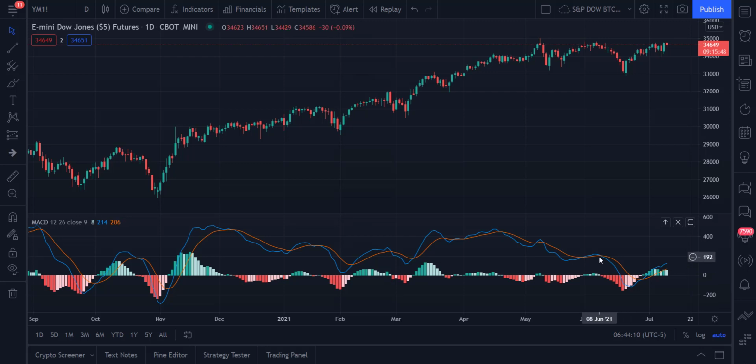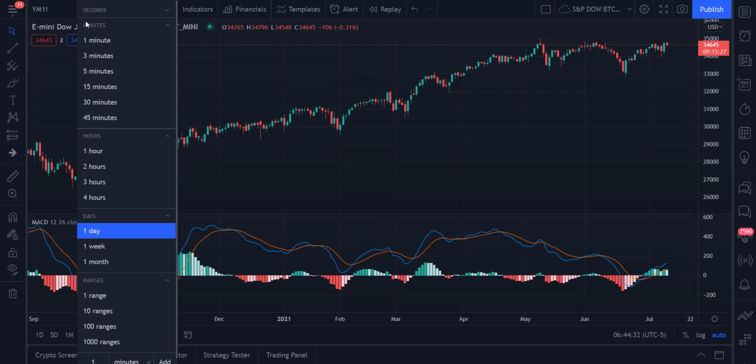We pulled back below the zero line, and back here on June 28th, a couple weeks ago, we had a bullish crossover and immediately pulled back above the zero line. So this could very well imply a continued bullish leaning on the daily time frame.